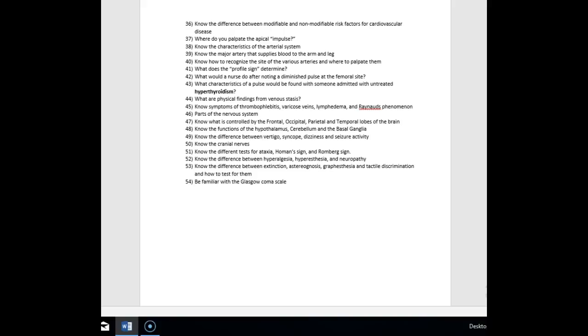I look forward to showing you guys, especially when we go to the nursing homes, because they have hemosiderin deposits, a byproduct of the red blood cells. With the blood sitting there that long, the bottom part of their legs looks brown and discolored.